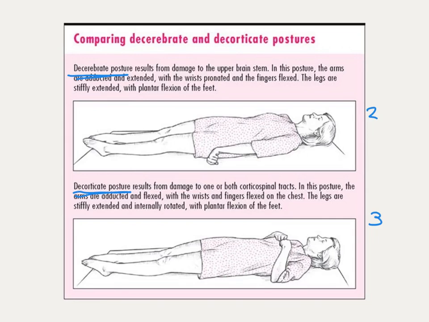You can remember decorticate because core is the middle of something and the arms are drawn up towards the middle of the body. Both of these indicate a pretty significant brain injury. The decerebrate posturing is particularly ominous.